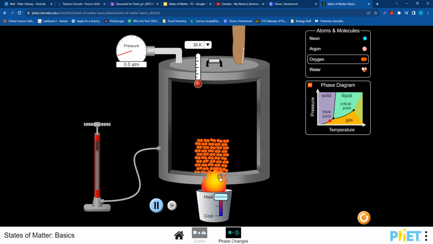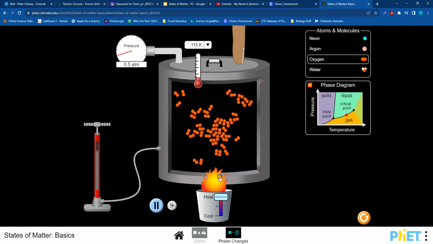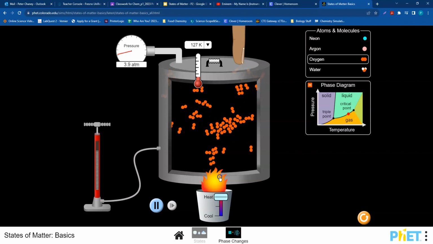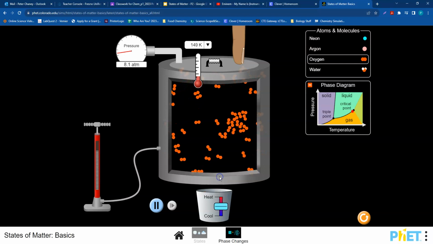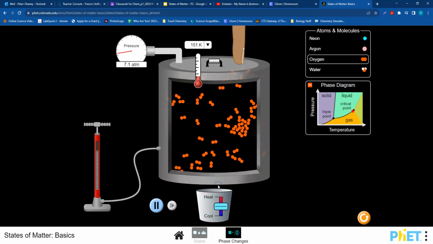And we are going to apply heat until the K right here is 150 K. So by applying heat, we're seeing that the solid is turning into a liquid, and then from liquid to a gas. And once we get to 150 K, we'll stop it there.